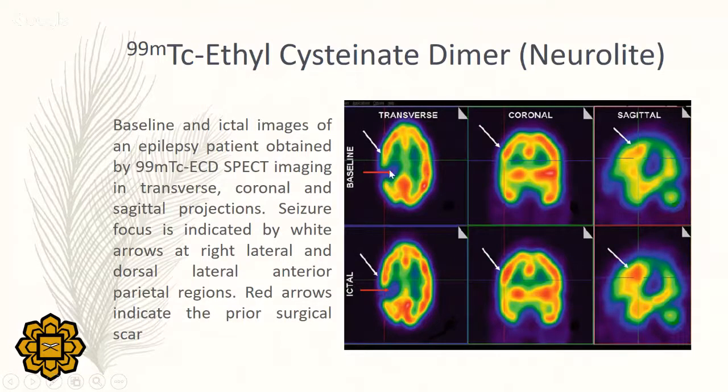Here you have the baseline. You can see this in the seizure patient. The seizure focus is indicated by the white arrow, also lateral anterior, and the red arrows indicate the breast cause. This is where you want to focus on the seizure area.